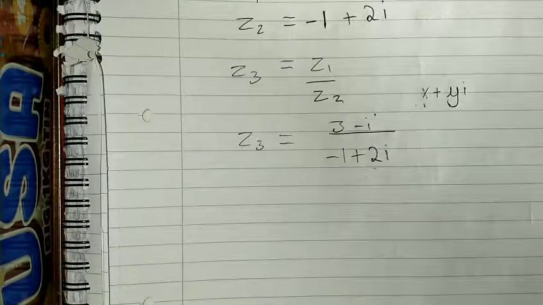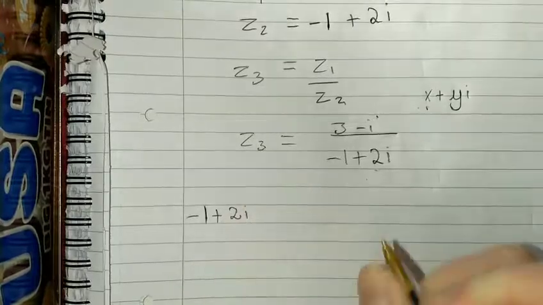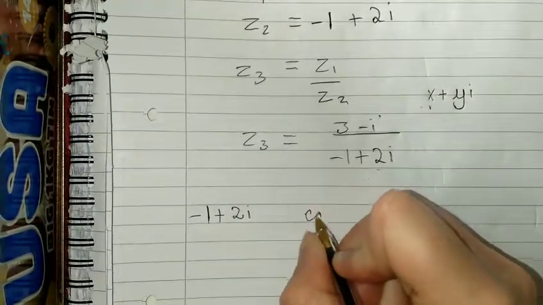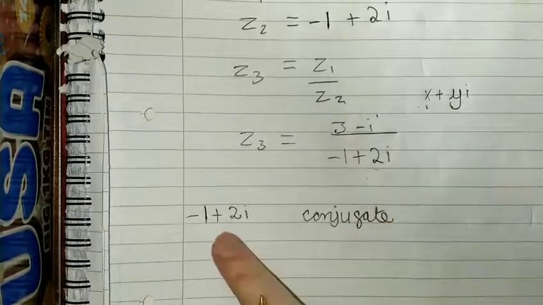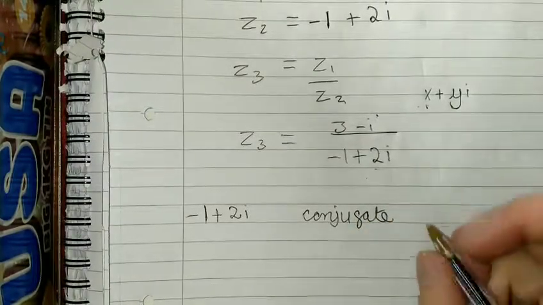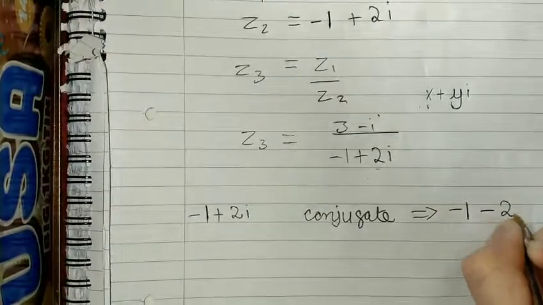If I have minus 1 plus 2i, the conjugate is pretty much the exact same, except we change the sign in front of the i. So the conjugate of this will be minus 1 minus 2i.